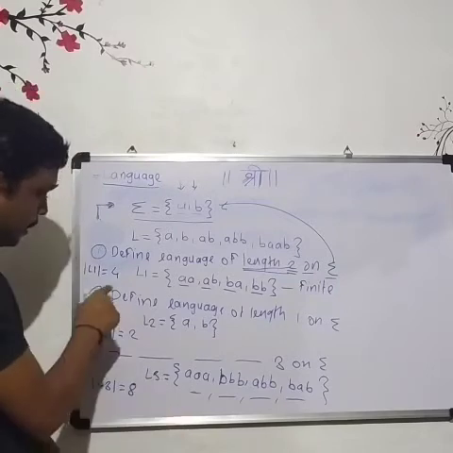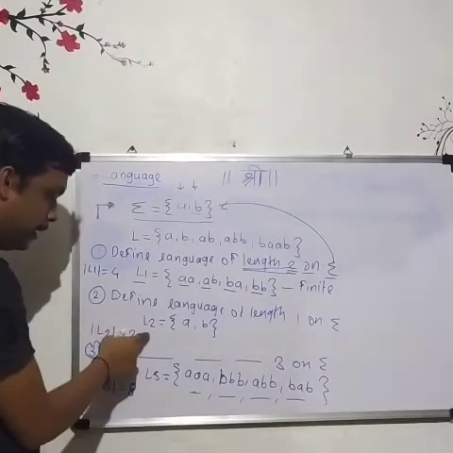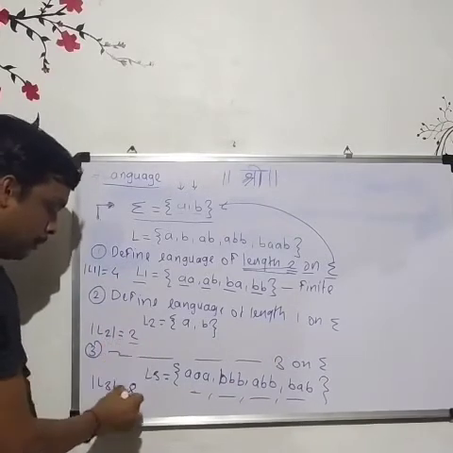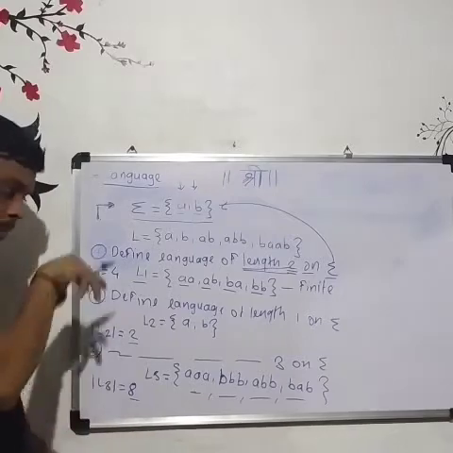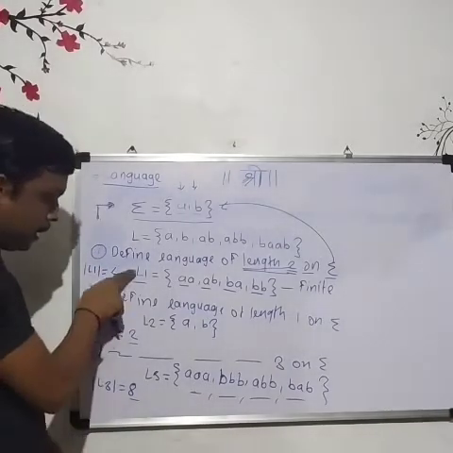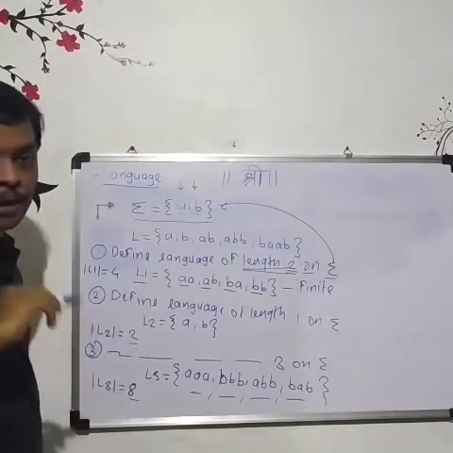Now see, in the first language L1 the length is what? 4. Then L2 length is 2. Then L3 length is 8. So a fixed number is there. That's why L1, L2 and L3 are finite languages.